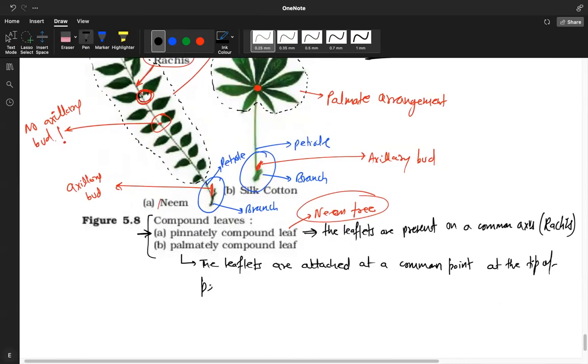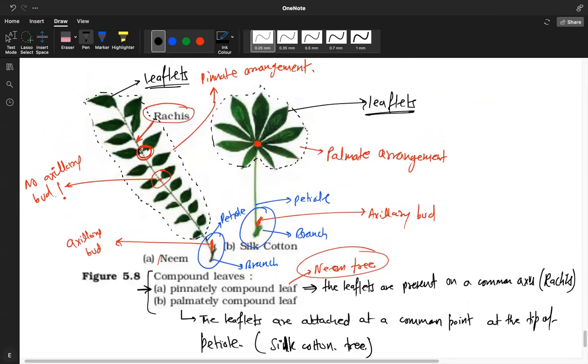An example is silk cotton tree. It has palmate leaves.